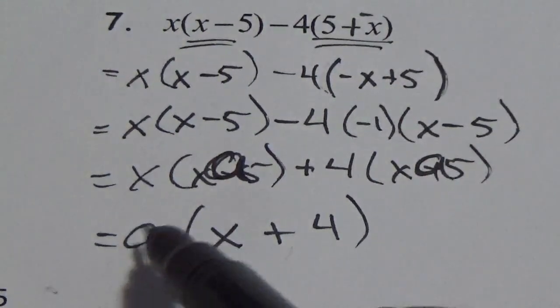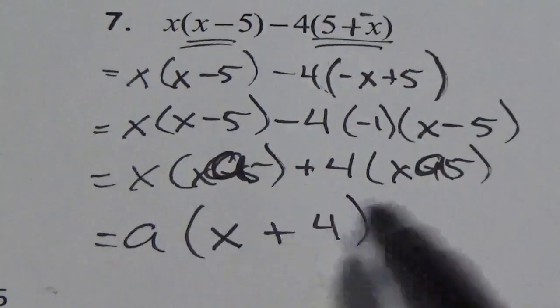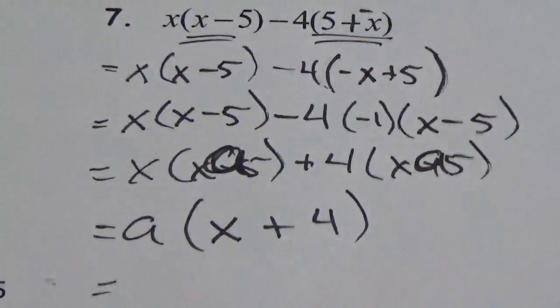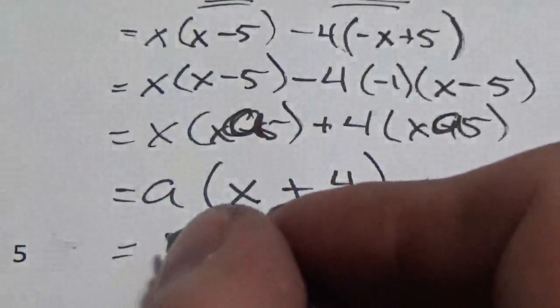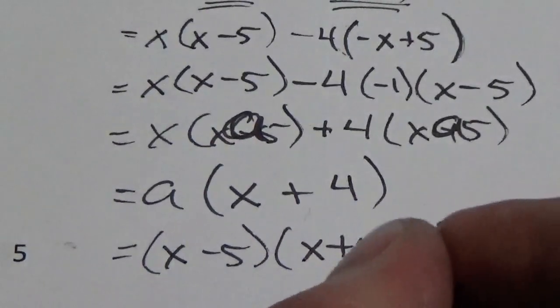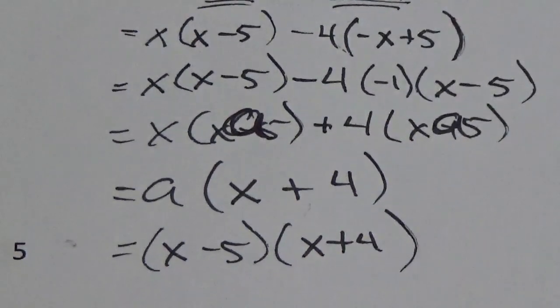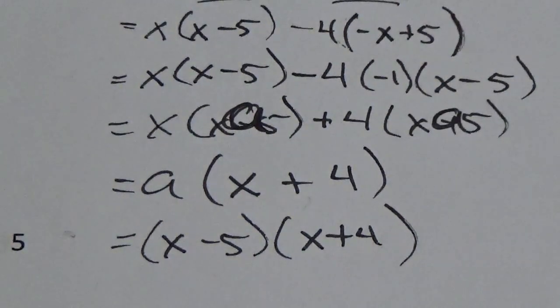So if you multiply this through, A times X gives you this bit right here, A times 4 gives you this bit right here. And it's only now at the end that I go back and admit that wasn't an A, that was an X minus 5 multiplied by that X plus 4. Okay. And that's how I would deal with common factoring when we're working with a binomial factor.